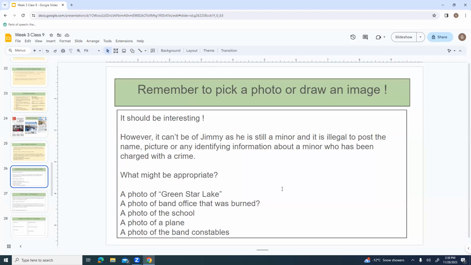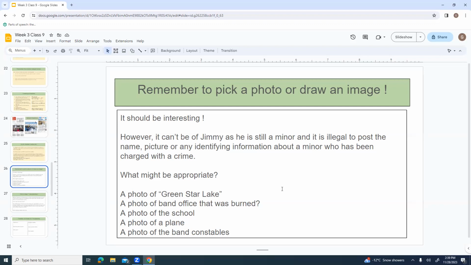Remember to pick a photo or draw an image. It should be interesting. However, again, it still can't be of Jimmy because he is a minor and it is illegal to post the name, picture, or identifying information about a minor who's been charged with a crime. So what kind of photos might be appropriate? Maybe a photo of Green Star Lake. Now, I know it's imaginary, right? You could draw a picture though, like an imaginary picture, or you could take a photo and kind of rename it as Green Star Lake.